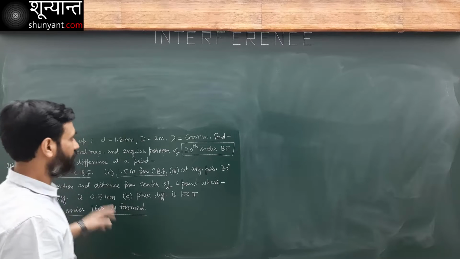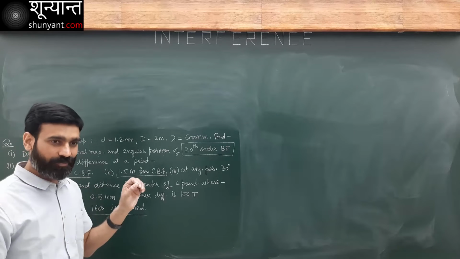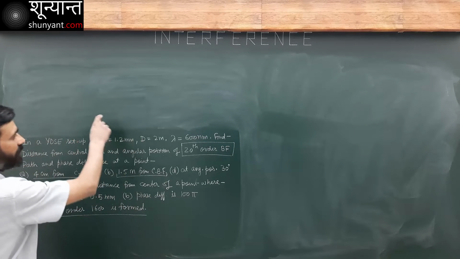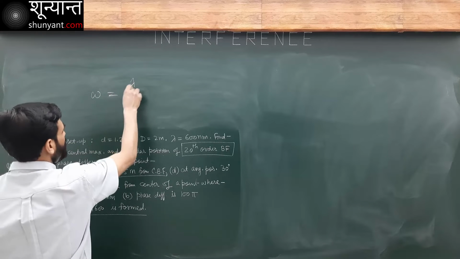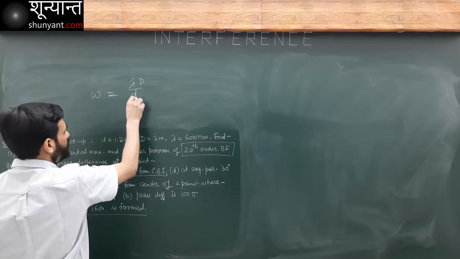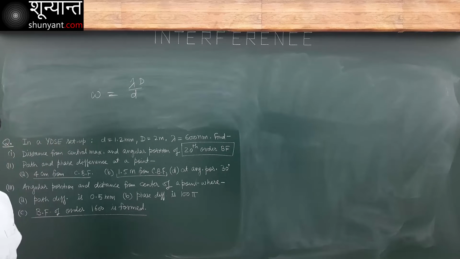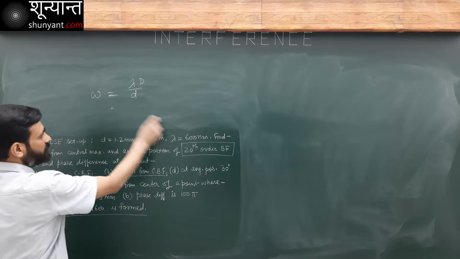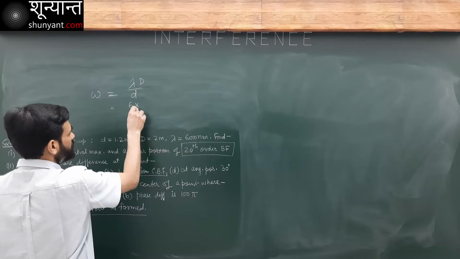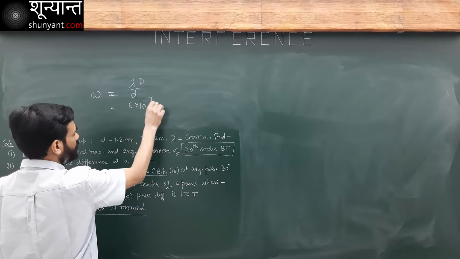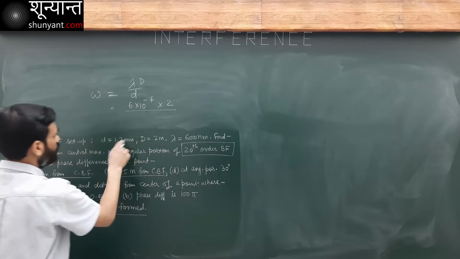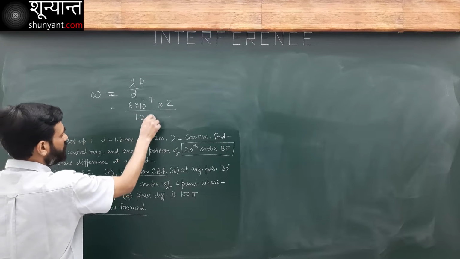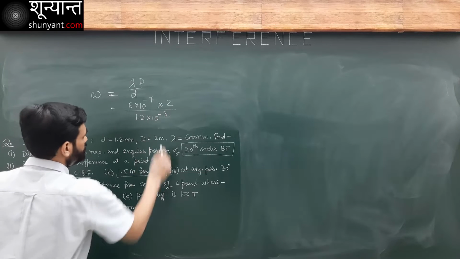The first thing we should do is to calculate the fringe width. What will be the fringe width here in this problem? Lambda capital D over small d. Standard formula you have to remember. 600 nanometer, so 6 times 10 to the minus 7, capital D 2 meter over 1.2 times 10 to the minus 3.